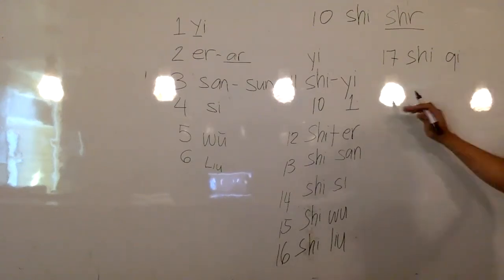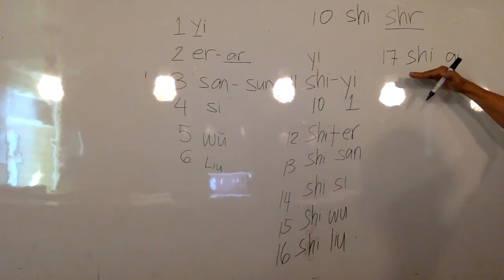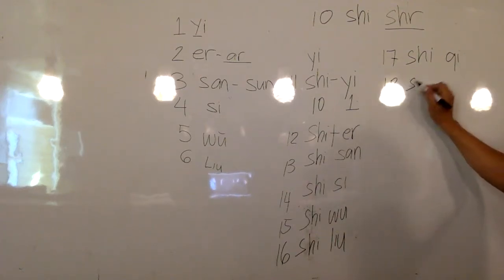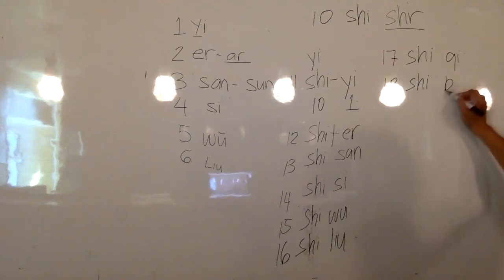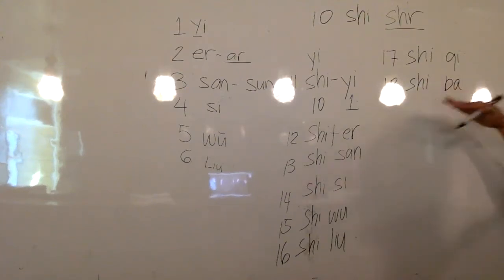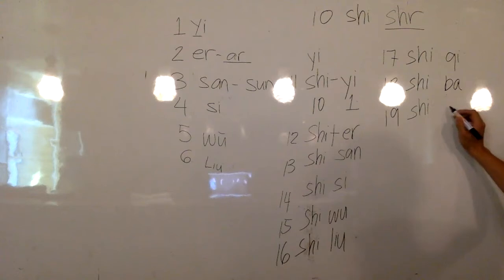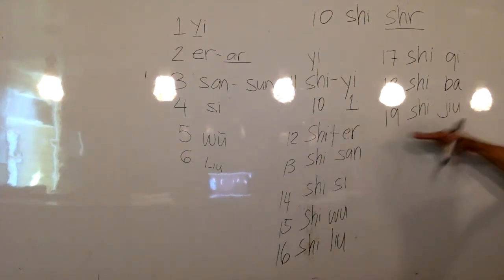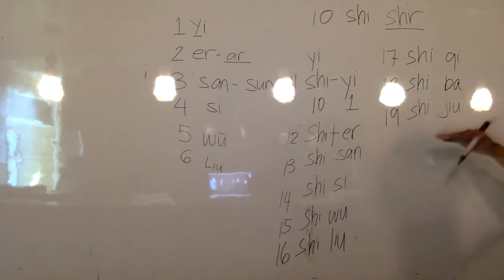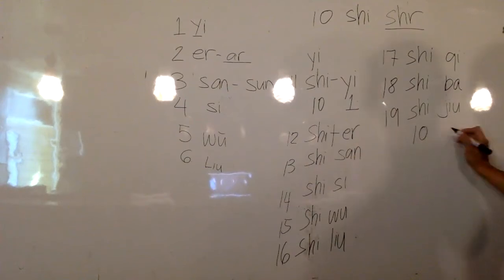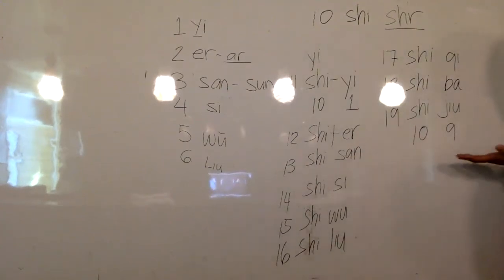It's shi qi. 18, shi ba. 19, shi jiu, which literally means 10, 9.